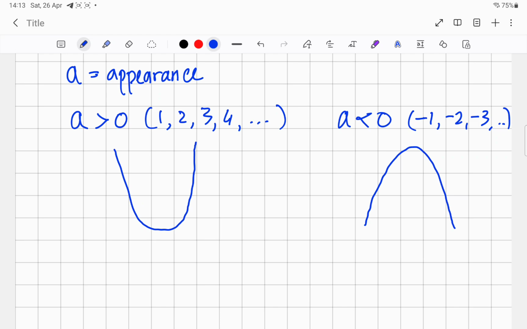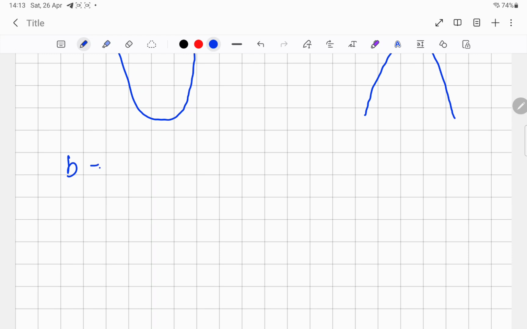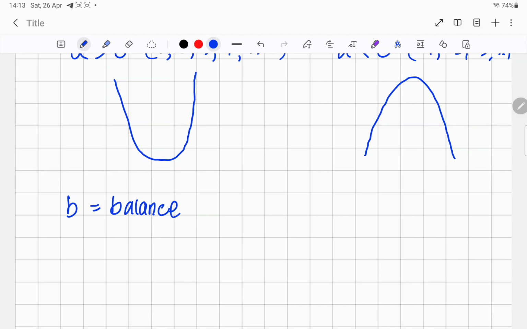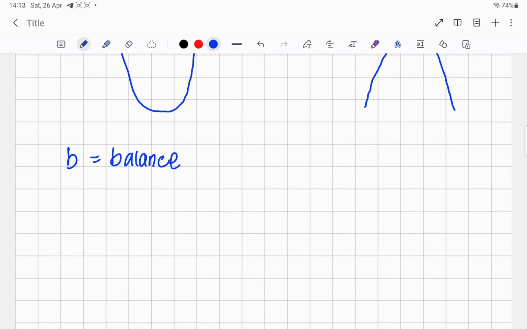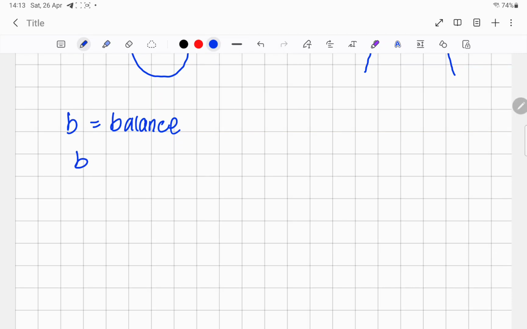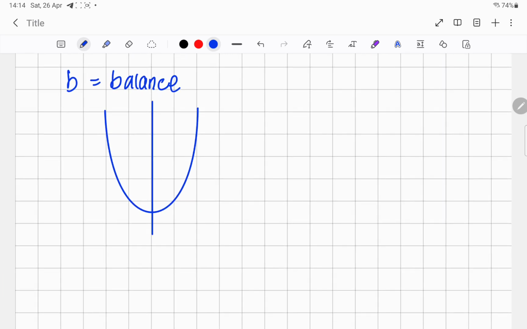Then b means balance. It will affect the symmetry of your graph, the symmetry line, which is the middle line. If your b increases, then your graph will go to the left.